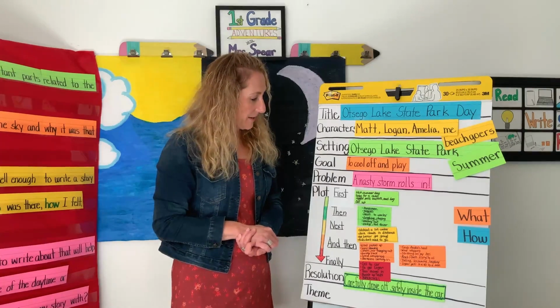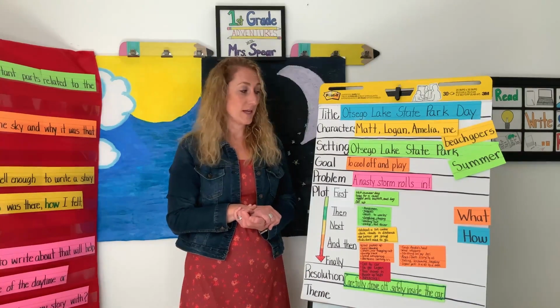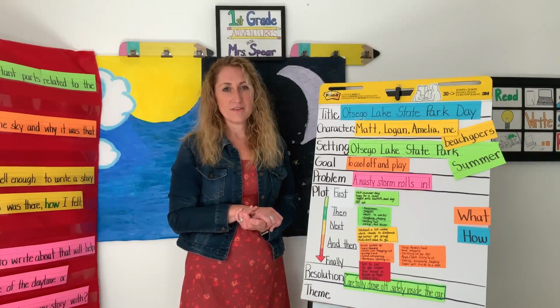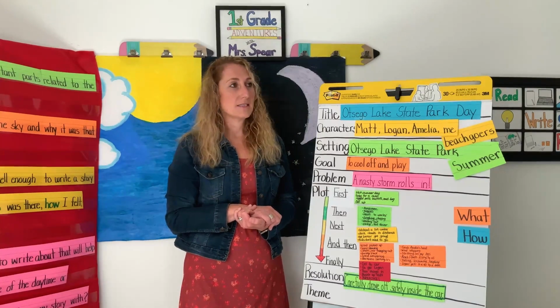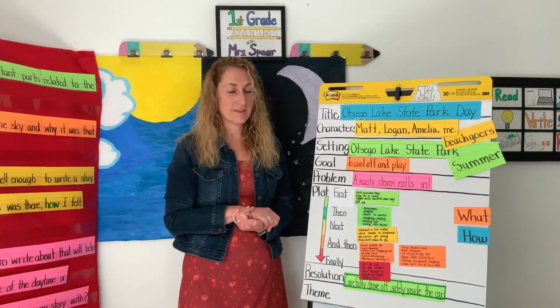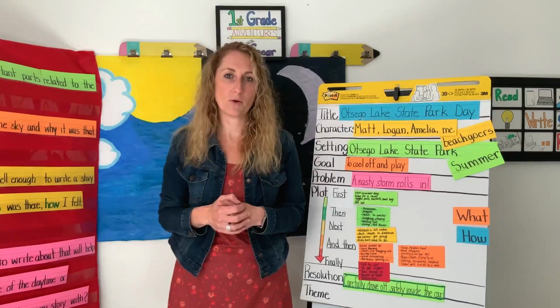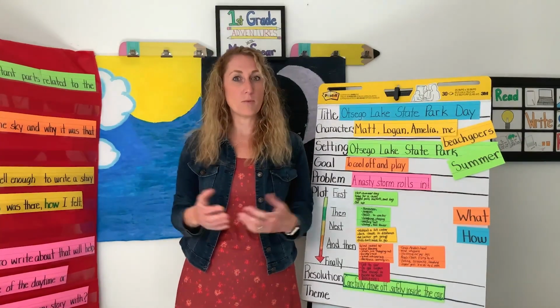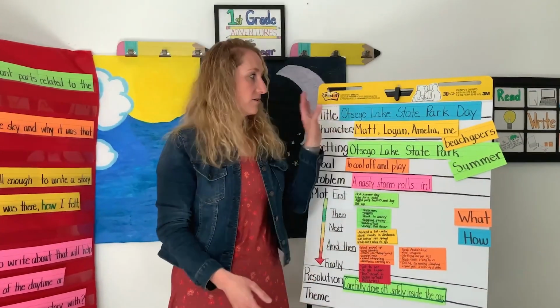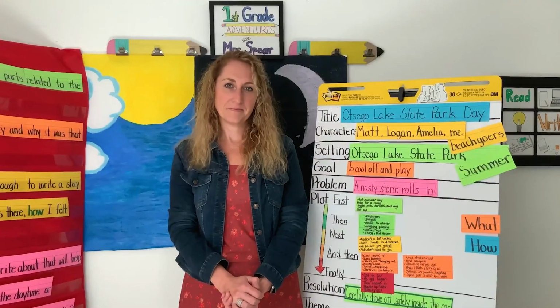We're going to do this next part, the theme part. And that theme is when you're trying to figure out, is there a lesson or something that you can learn from this story or idea to hang on to? Well, if you think about the daytime and nighttime sky and how we're trying to think about the importance of them, can you think about an important lesson that you might learn from the story that I told you today?